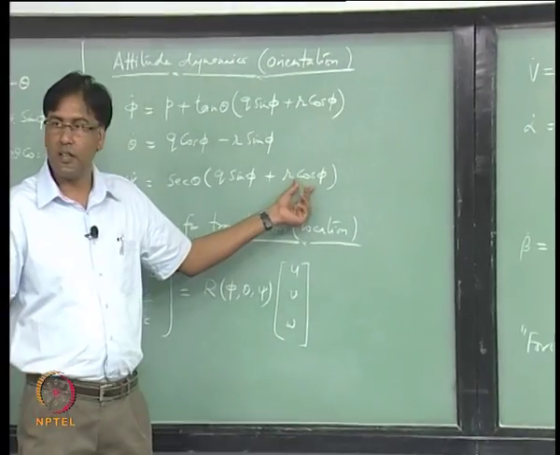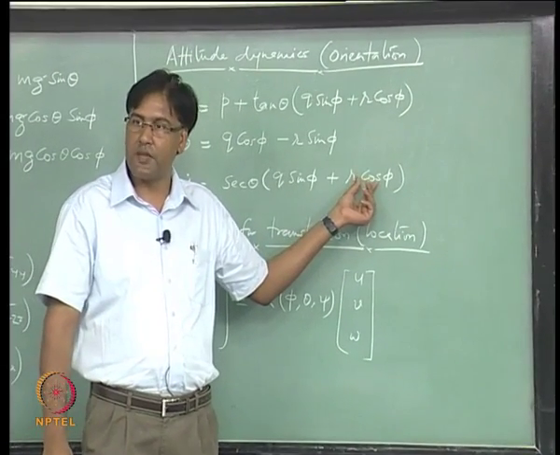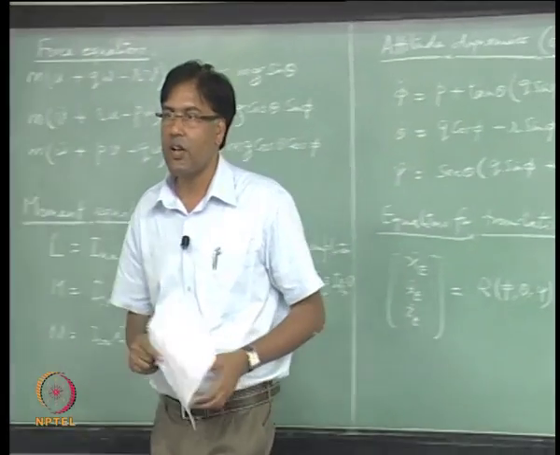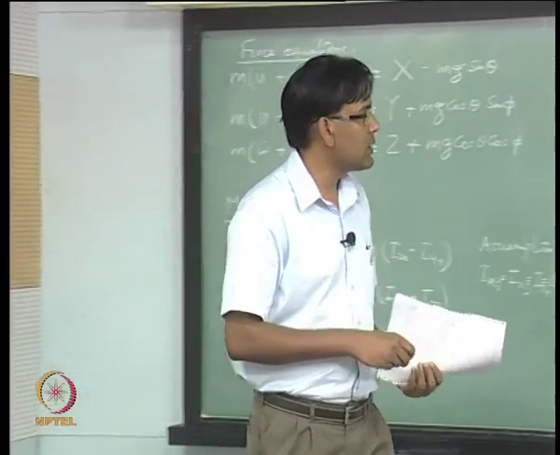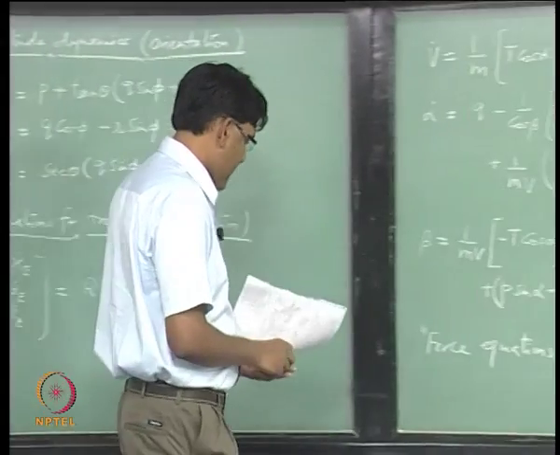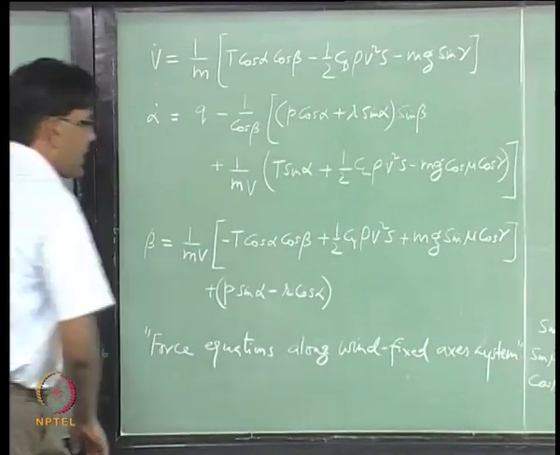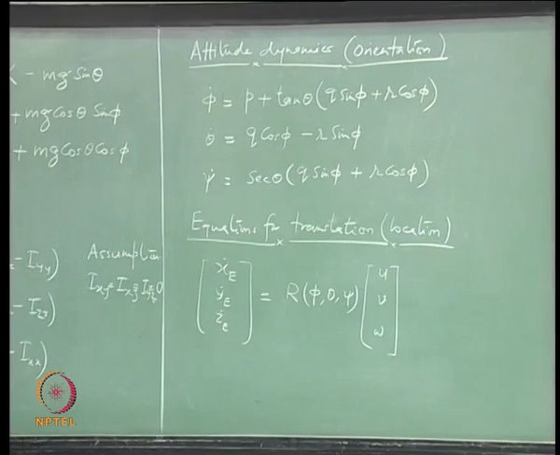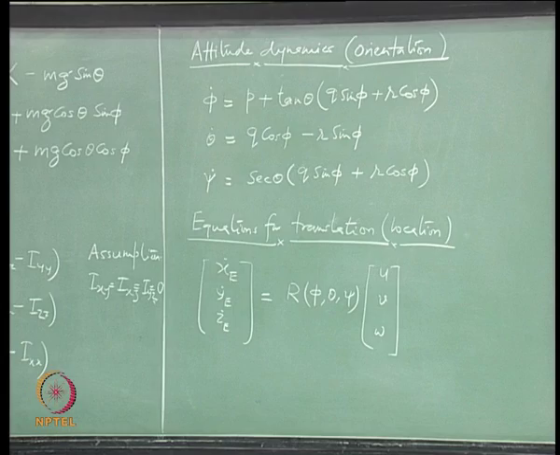Of course, we know that these trigonometric terms are also nonlinear, right, sin alpha, cos phi, all of them are nonlinear. Anything else you notice in these equations?